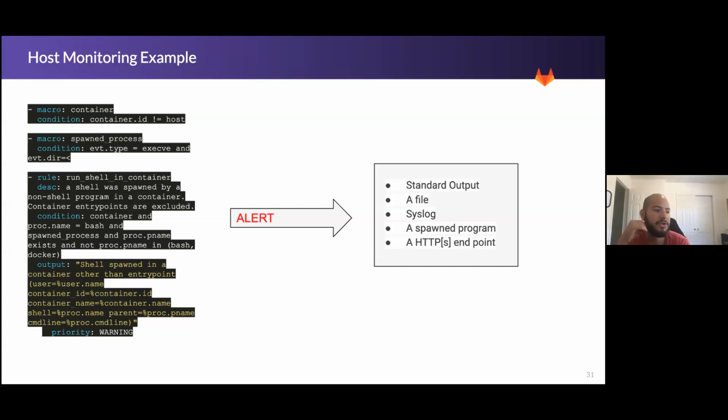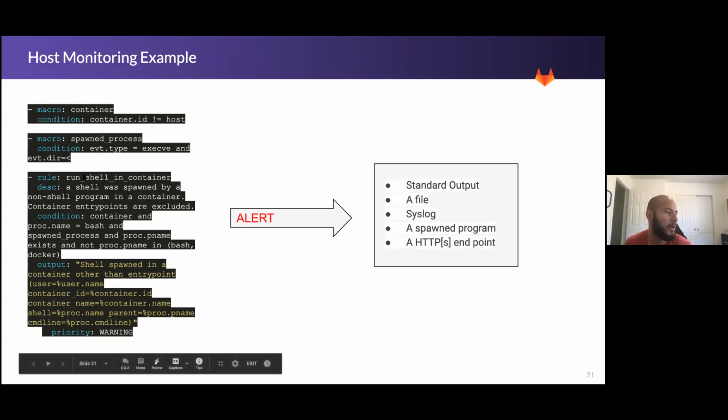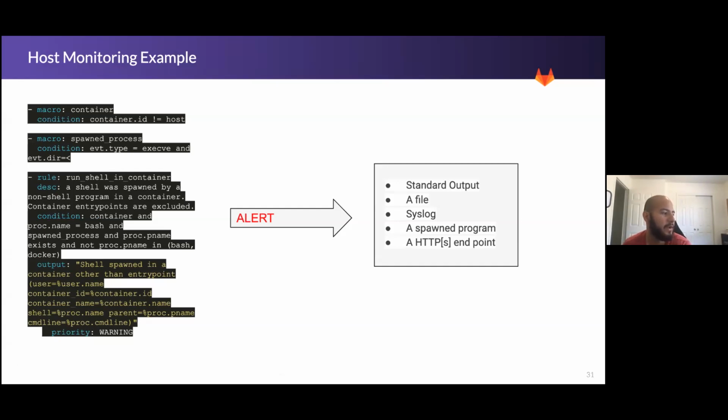Let me show you a few examples here. I put together a sample rule within Falco. What this rule does is, if it detects bash being run within a container, it'll output 'shell spawned in a container other than entry point'.